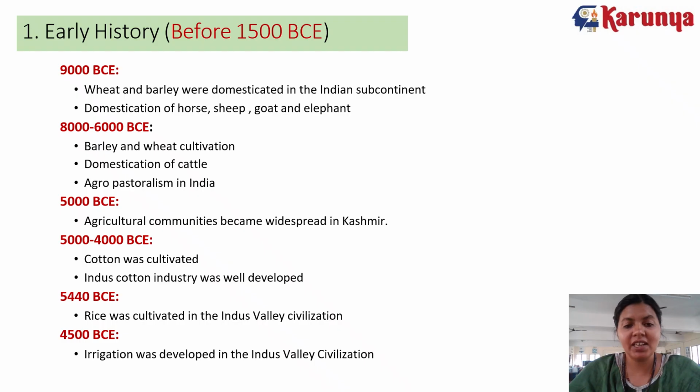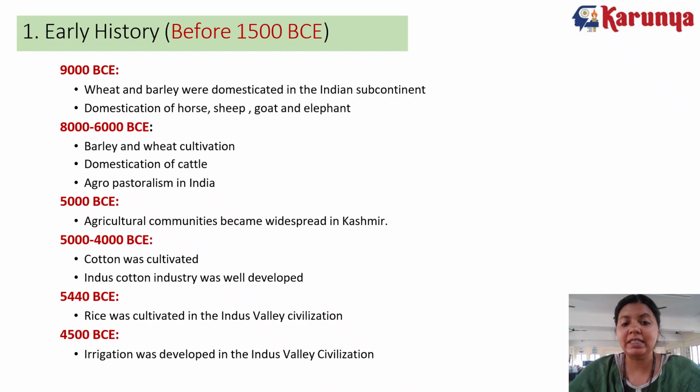They also domesticated animals like horse, sheep, goat, cattle, and elephant, which helped farmers in their farming practices and also in the transport system. Between 8000 and 6000 BCE, cultivation of wheat and barley became common. People also started rearing cattle, which, apart from helping in farming practices, were also used in ploughing and milk production.